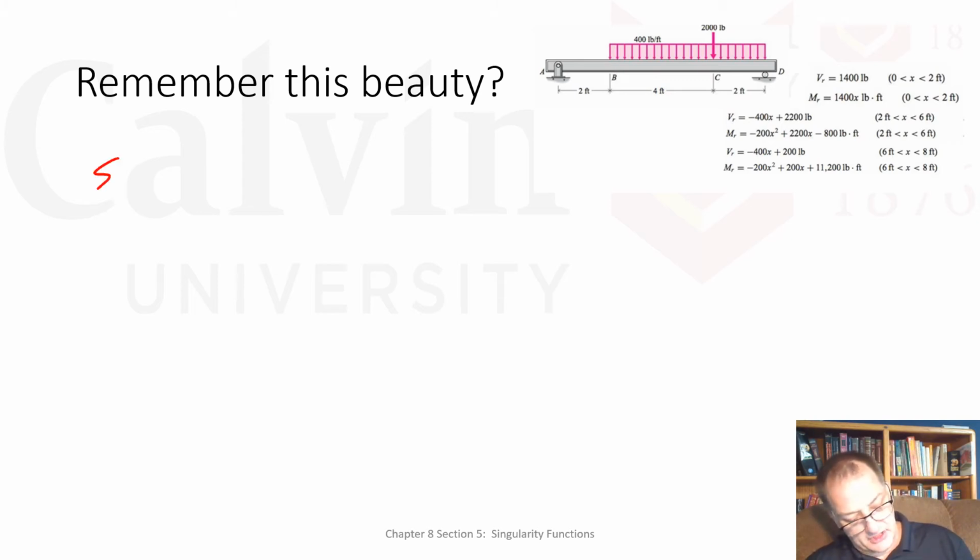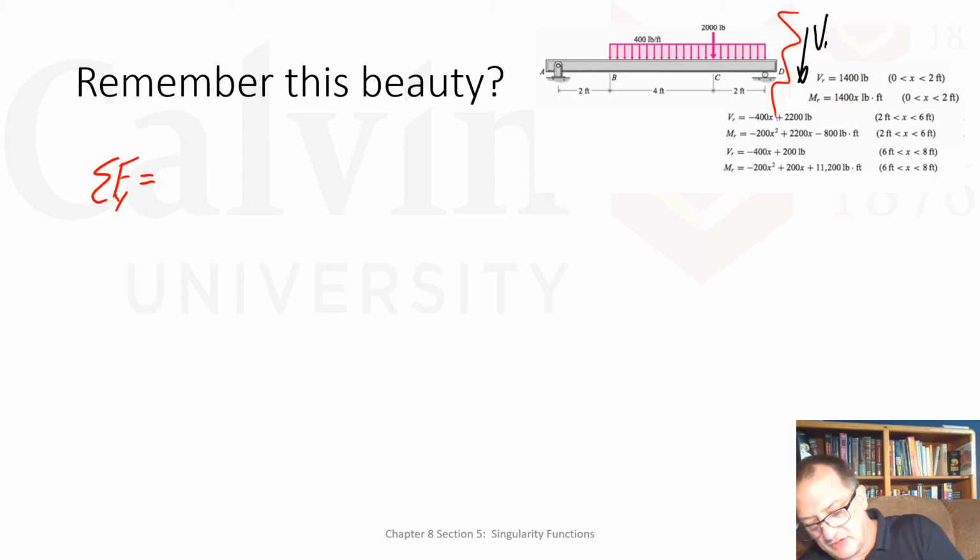If I do sum of the forces, I'm not going to put the coordinates, if I do sum of the forces in the y direction equal to, and I'm putting an arbitrary break at some point, and it's got a reaction force VR, but I'm not telling you where.